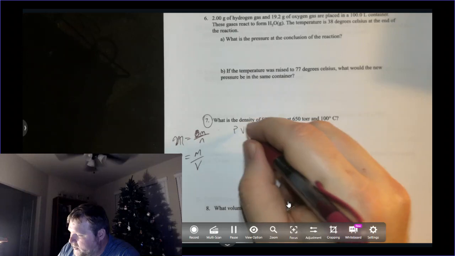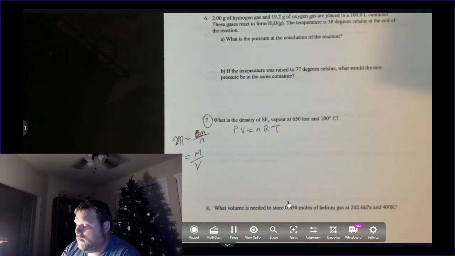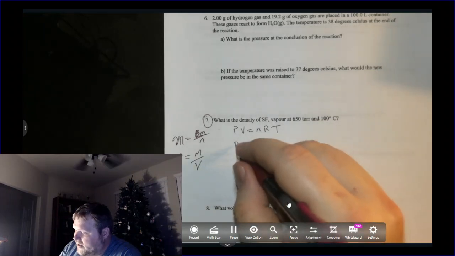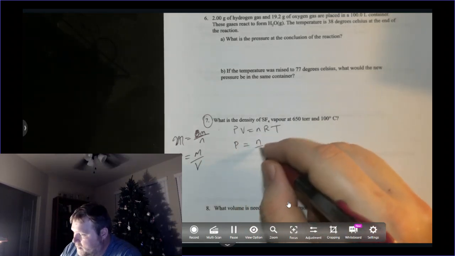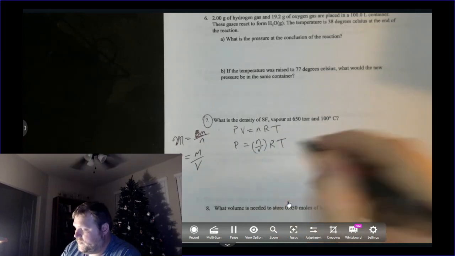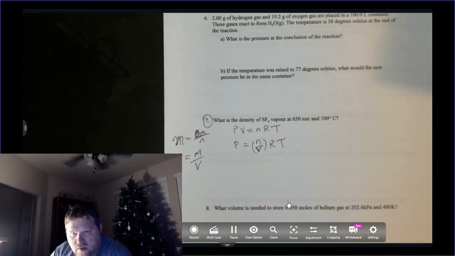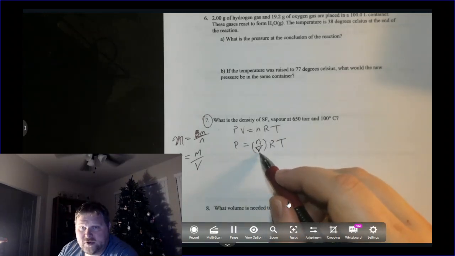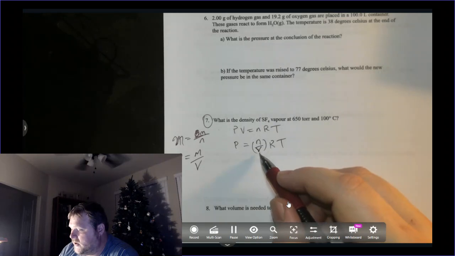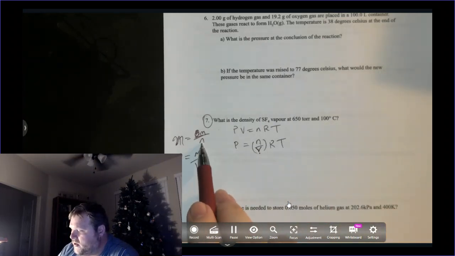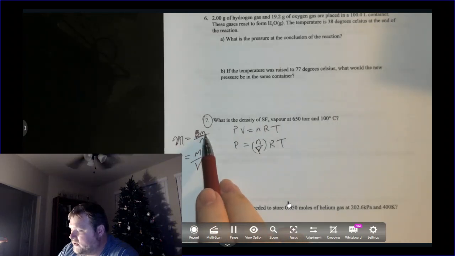We got PV=nRT. So what I'm going to do is divide both sides by V, like that. Now that's not density, that's moles over liters, which is actually molarity, something we'll get to soon. So I'm on the way, but if I look over here, I know that I can get mass, which is what I want.